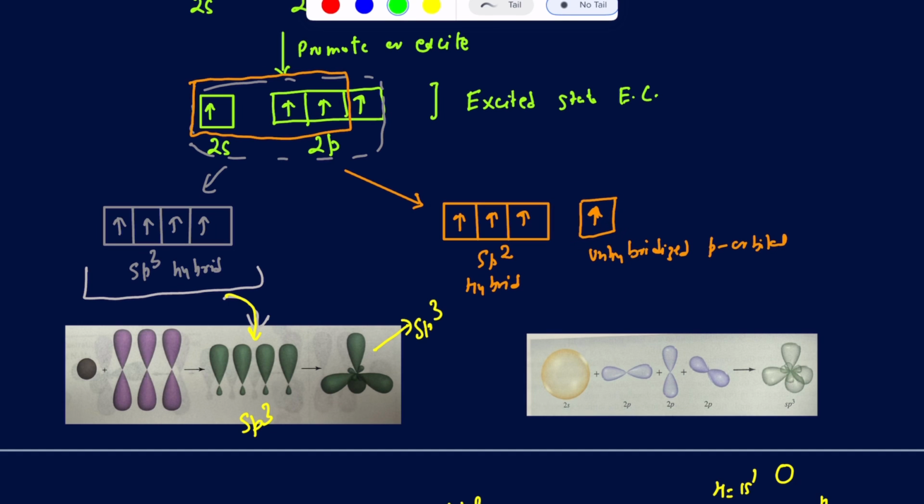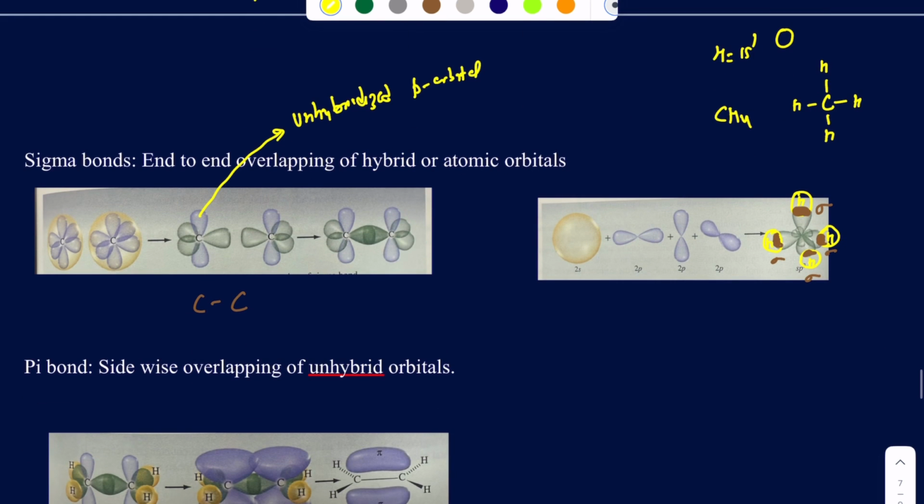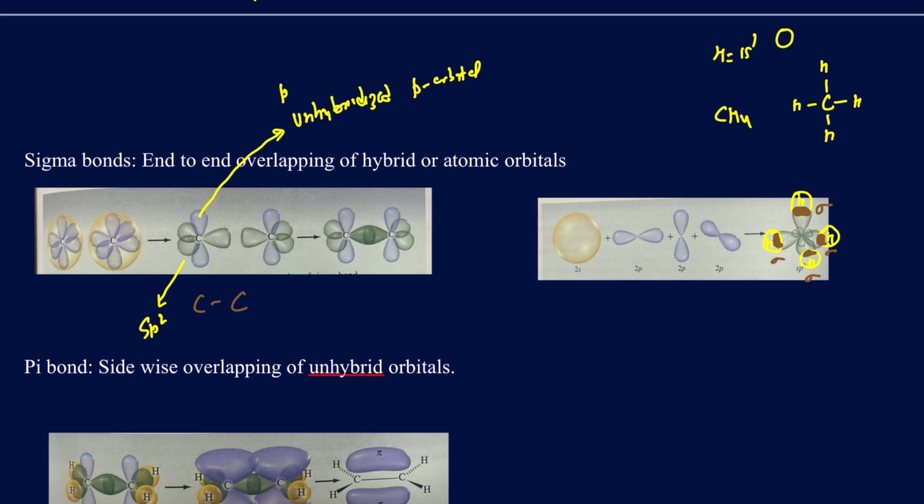That would still be in a dumbbell shape. So I'm going to make sure I write down this would still be in its original shape. And that's exactly what's happening here. This carbon has three hybrid orbitals, so that tells me that this is going to be sp2 hybridization, and then you have this unhybridized p orbital that's still going to be right here.